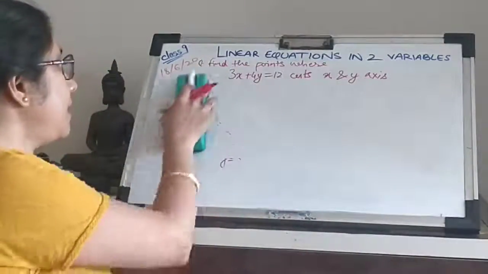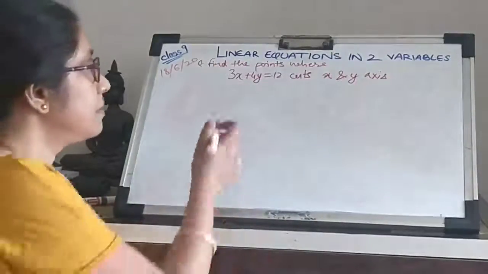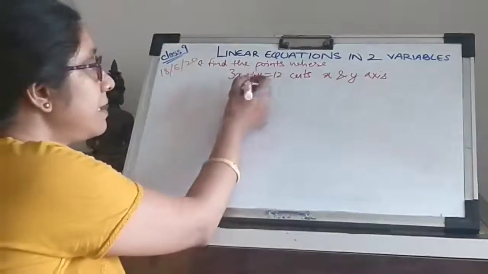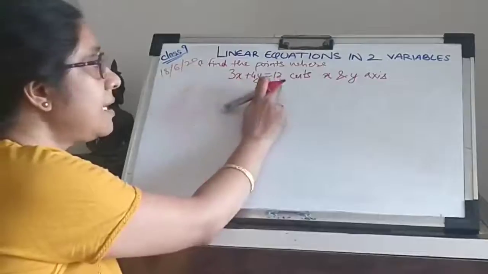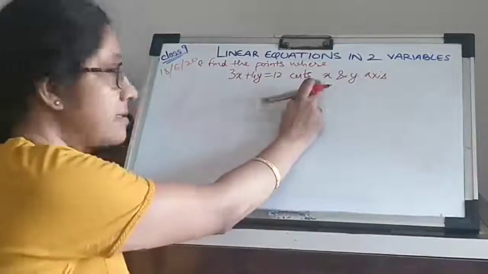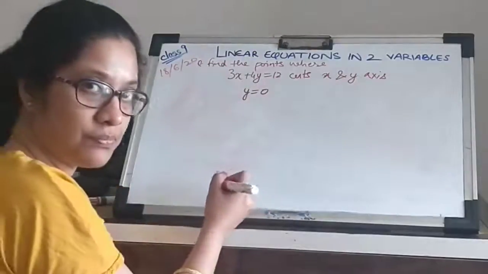Let's say the point at which this line intersects the x-axis will have y equal to 0.